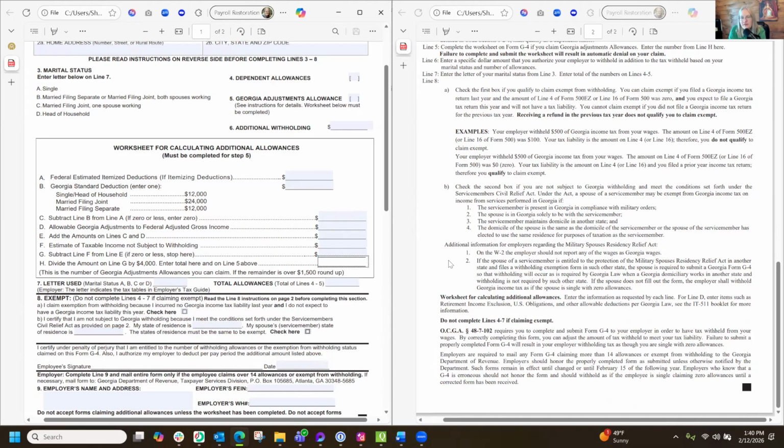Additional information for employers regarding the Military Spouse Relief Act. One, on the W-2, the employer should not report any of the wages as Georgia wages.